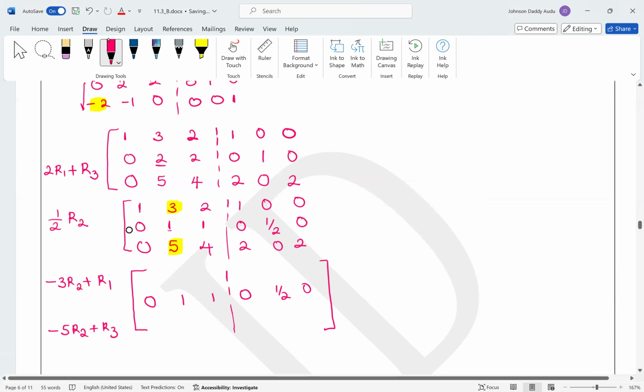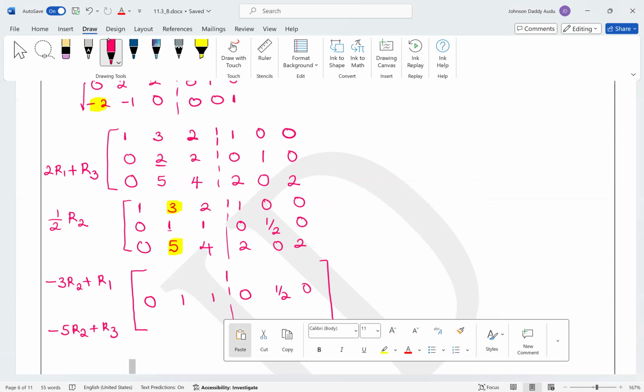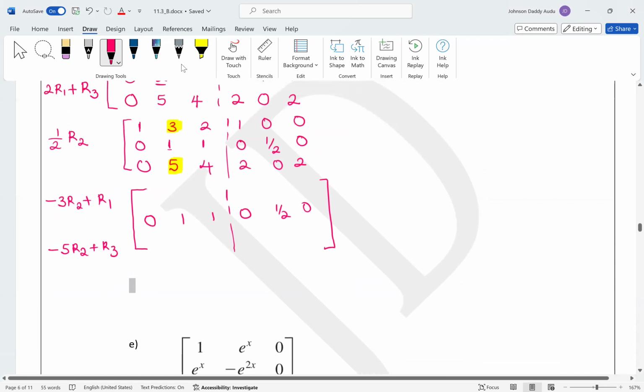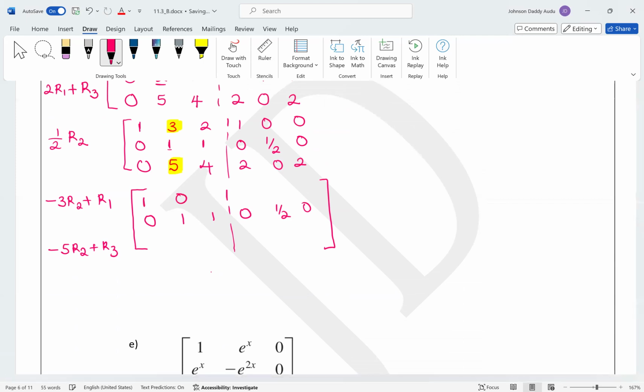Now, what we can do here is what? We can perform the operation minus 3. This is still going to be 1. This will be 0. Minus 3 plus 2 is minus 1. Minus 0, this is still 1. This one will give us minus 3 over 2 plus 0, minus 3 over 2.